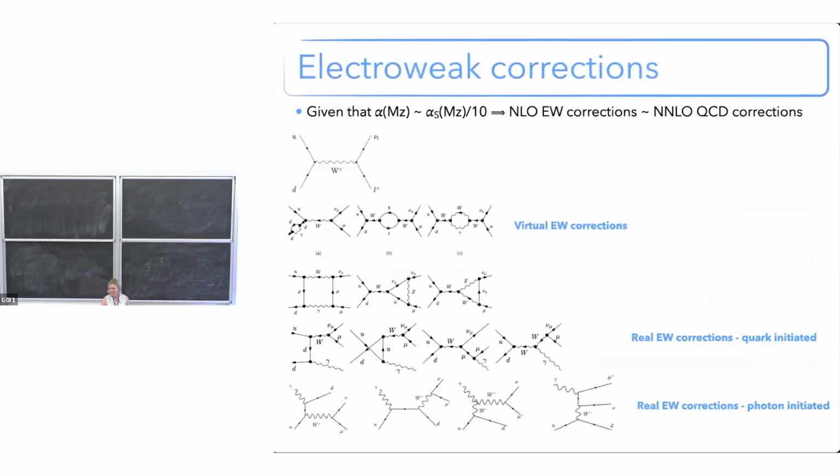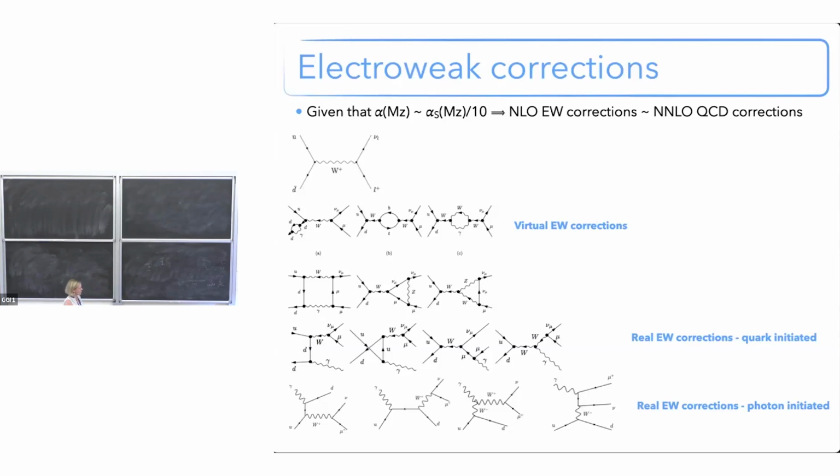Some of you asked me about electroweak corrections, so I wanted to mention that. I only talked about NNLO QCD, but clearly if you go to NNLO QCD or even N3LO QCD, you want to have the NLO electroweak correction, because, okay, it's not always true, but as a rule of thumb, the NLO electroweak corrections are as important as the NNLO QCD corrections, okay?